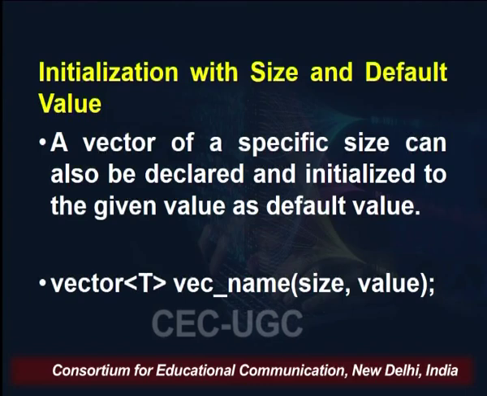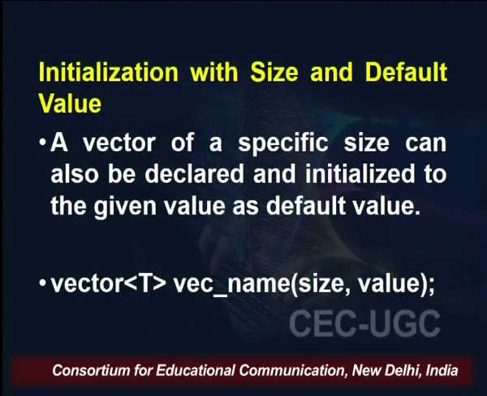Now, sometimes it is a requirement that we need to initialize our vector. We need to create a vector and initialize it with a particular size and some default value. That also is a possibility with the syntax given on the screen.